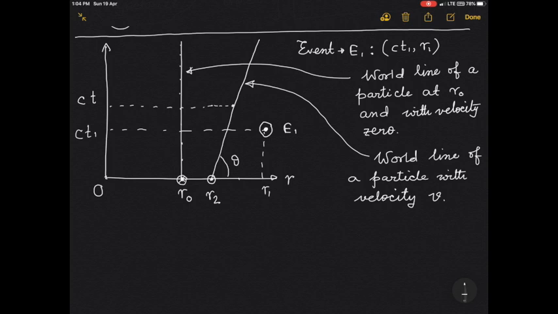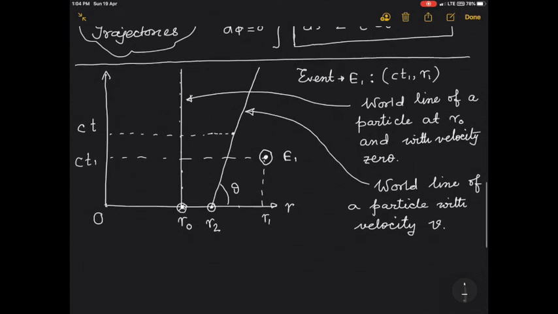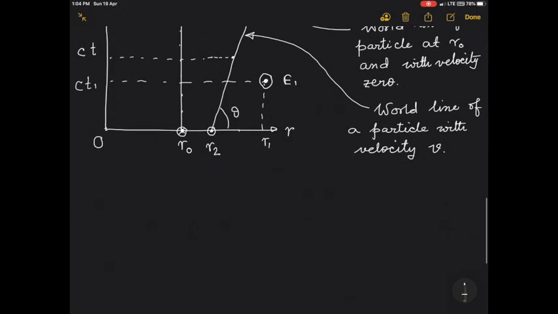To figure out what this angle is, let us start with our good old metric. The metric is saying that ds square is c square dt square minus dx square, right?